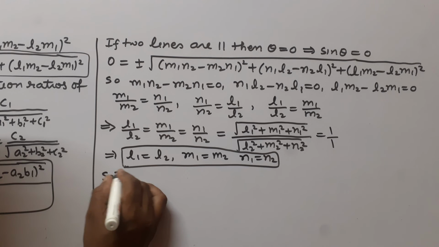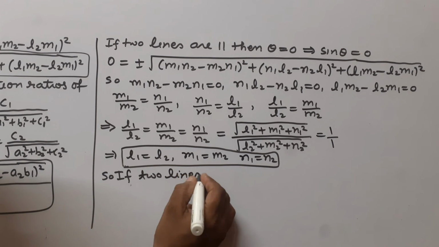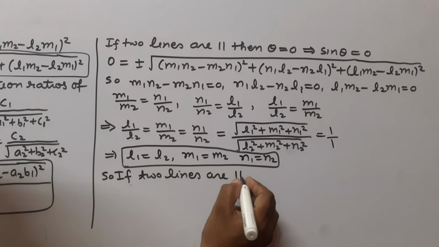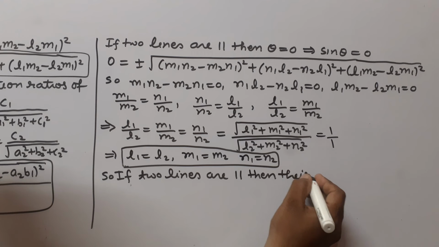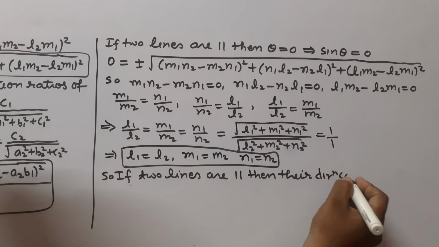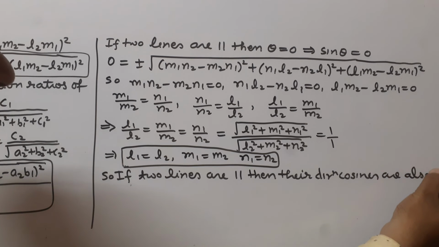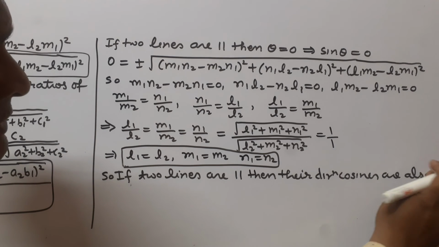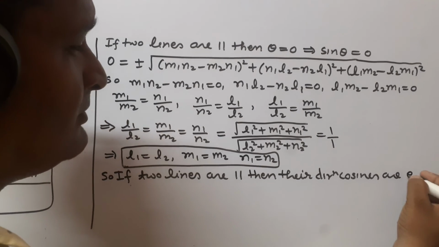So if two lines are parallel, then their direction cosines are equal.